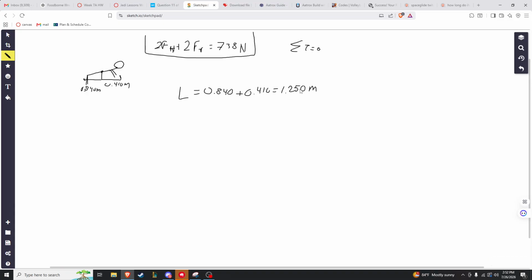Since we have this, we can use it to figure out the force of the hands if we just plug in.